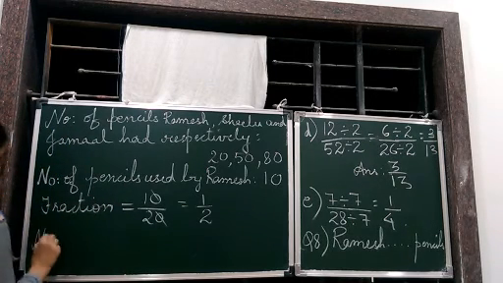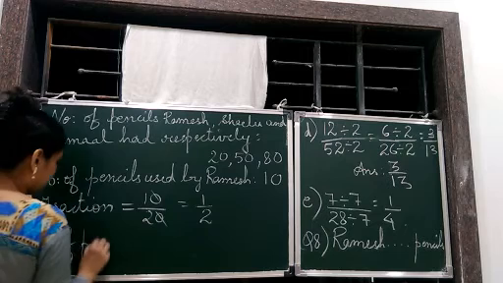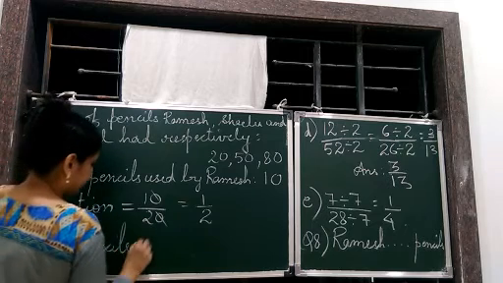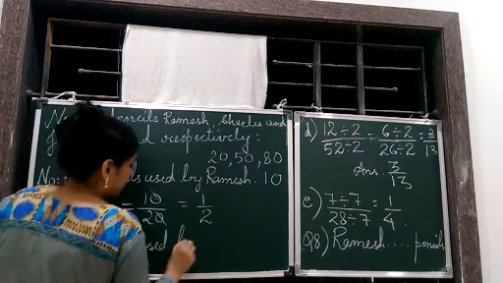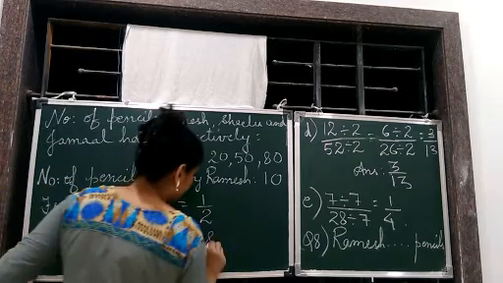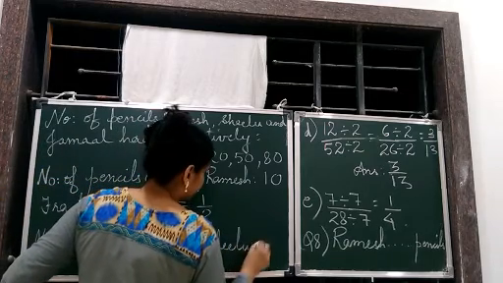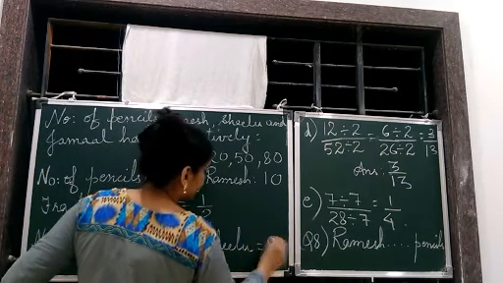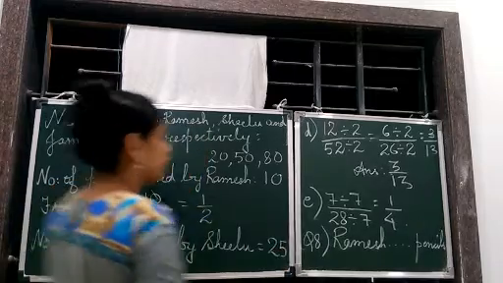Then number of pencils used by Sheelu out of 50 was how much? 25. Then we write the fraction of it.